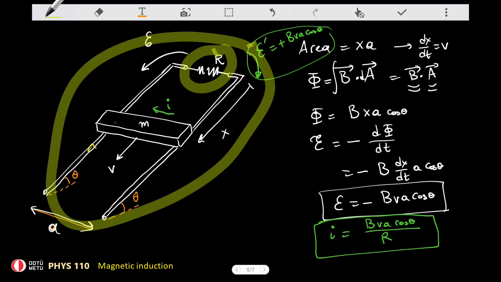Okay, so if I just consider the bar only, the magnetic force appears to do work on the bar, but if you consider the total system, somehow the magnetic force also doesn't do work in here. So essentially, there is no energy transferred from the magnetic field to the system. We are going to talk about the energy of the magnetic field later when time comes.